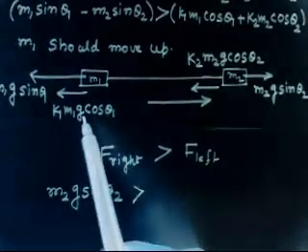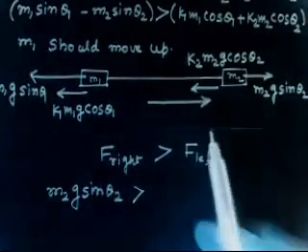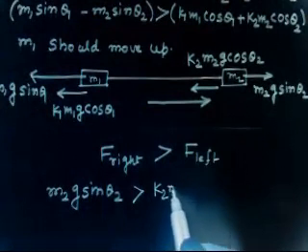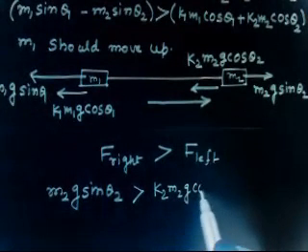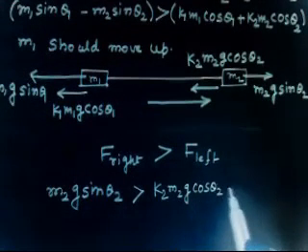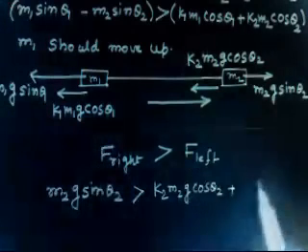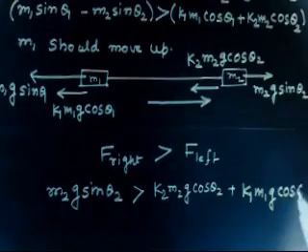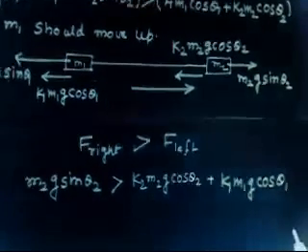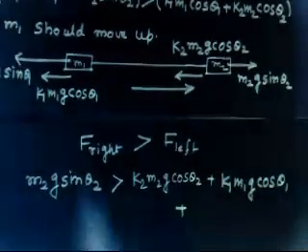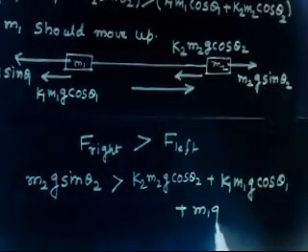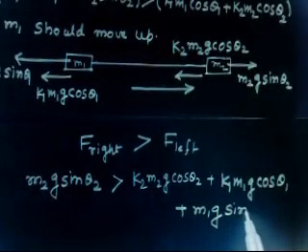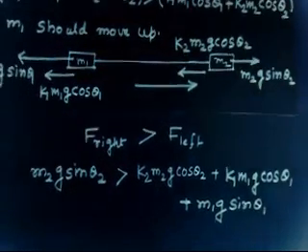other forces. In this direction you have force K2 M2G cos theta 2 plus this force K1 M1G cos theta 1 plus this force M1G sin theta 1. You're getting?